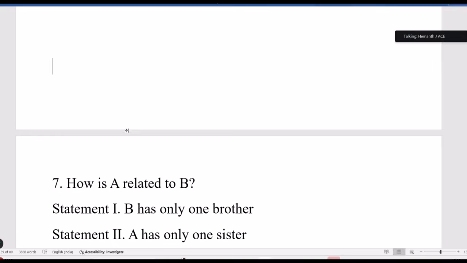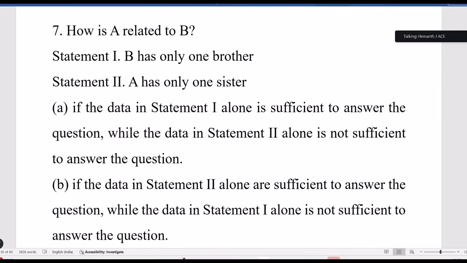Again, similar stuff. How is A related to B? More questions related to blood relation.